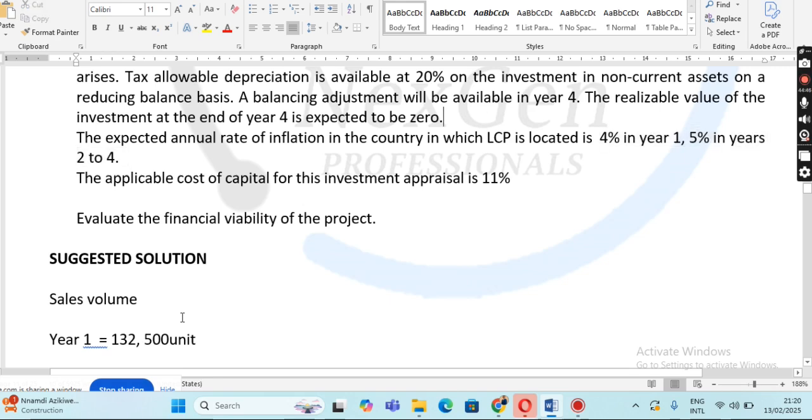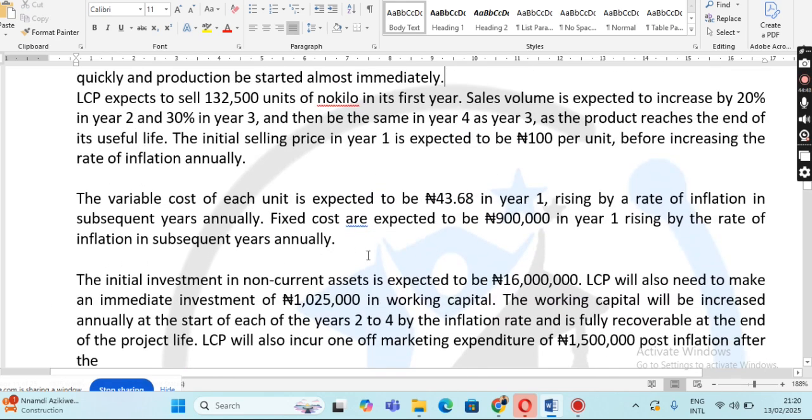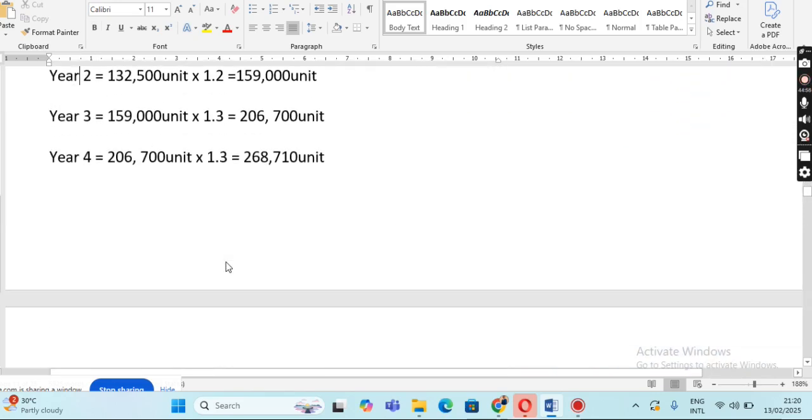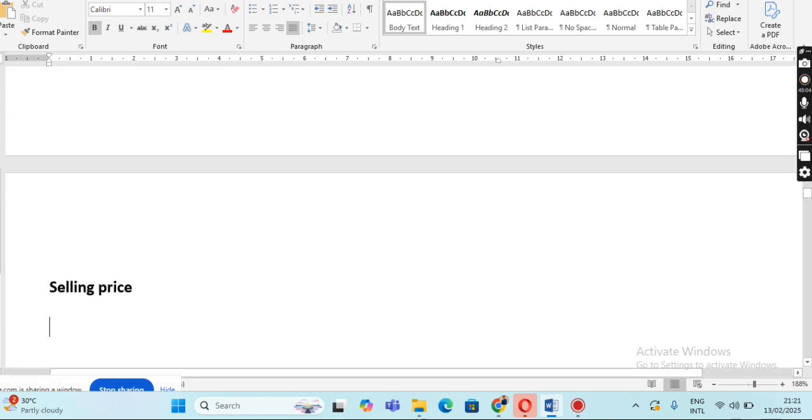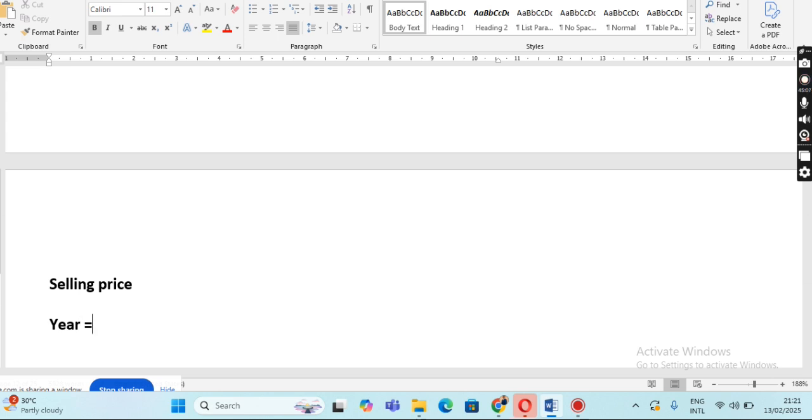So don't forget that the selling price in year 1 is 100 naira per unit.